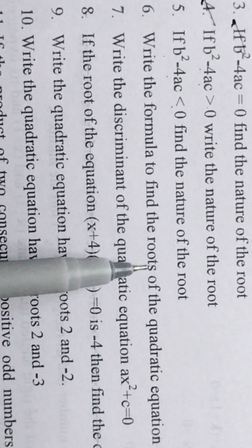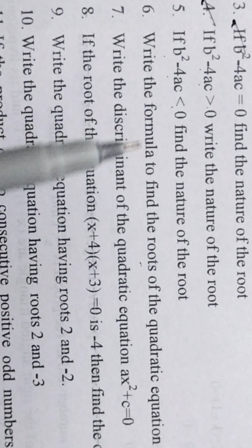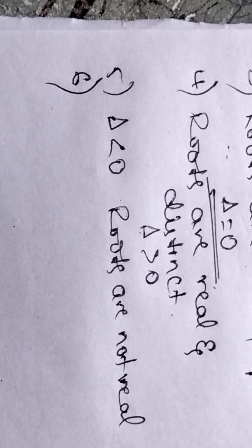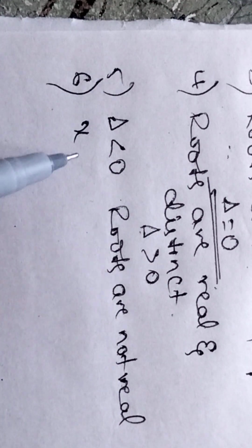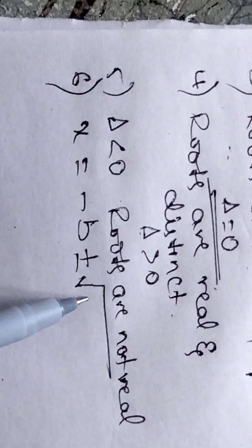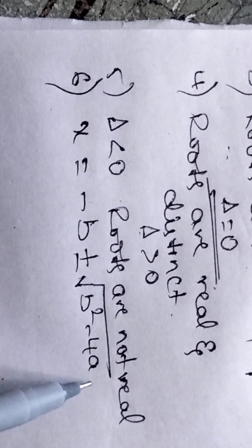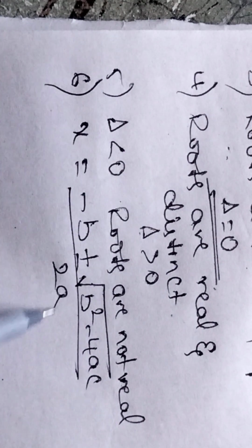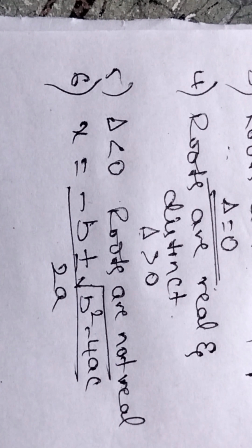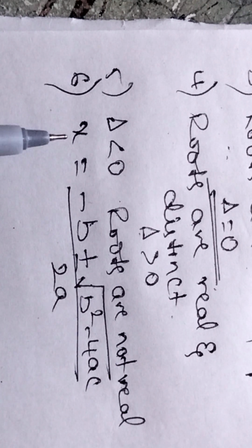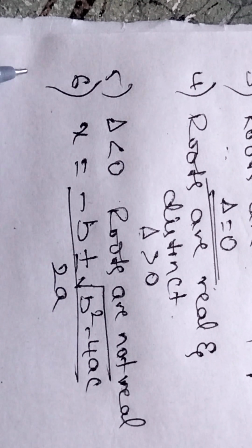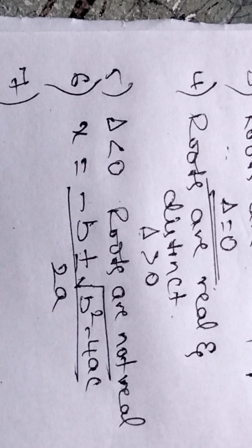So what is the formula to find the roots of the quadratic equation? x is equal to minus b plus or minus square root of b square minus 4ac, divided by 2a. So this is the formula to find the roots of a given quadratic equation.